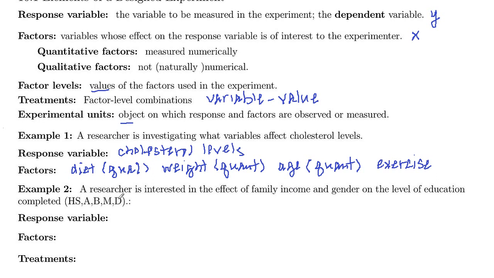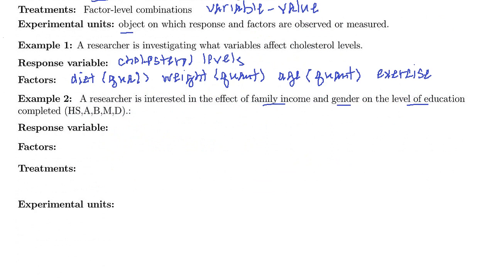Here's another example. Researchers interested in the effect of family income and gender on level of education. We've got high school, associate, bachelor's, master's, and doctorate level education here. So our response variable, the one that responds, is going to be your education level.